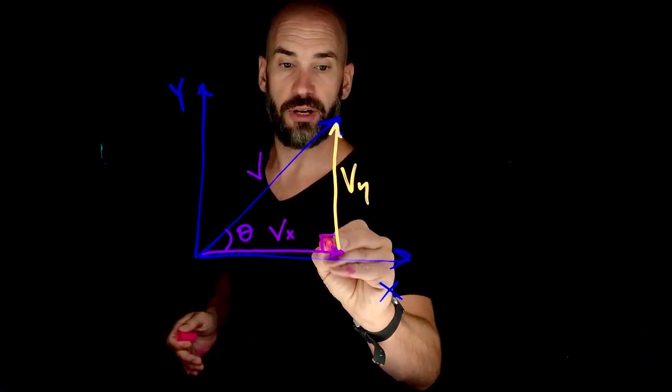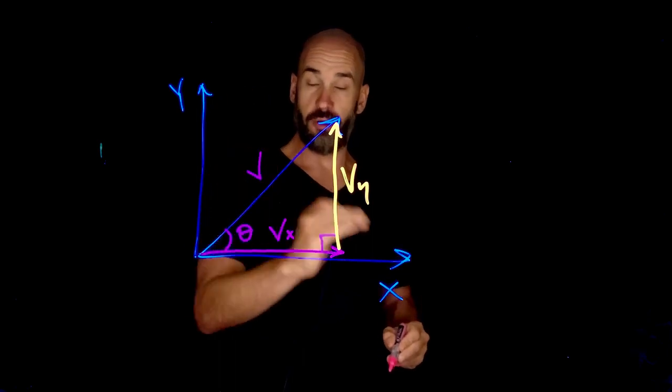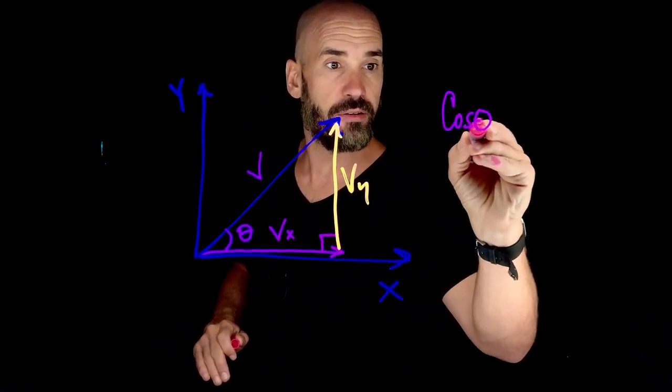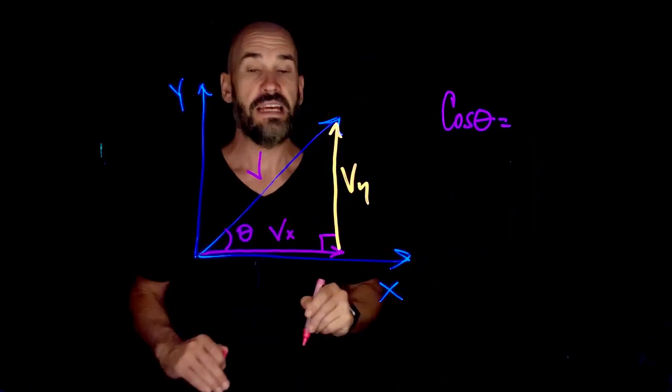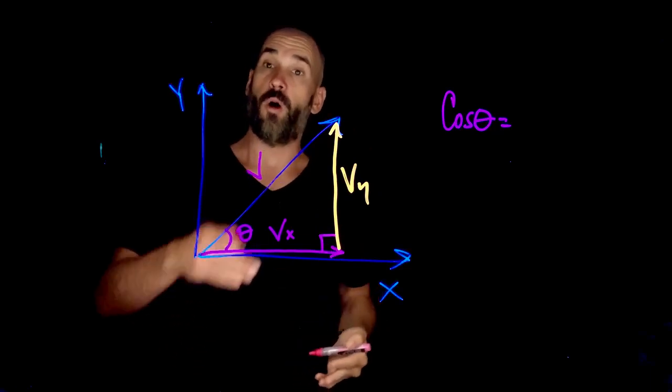And this is a right triangle, right? So one thing we know about the right triangle is SOHCAHTOA. In other words, we know that the cosine of any angle, such as this angle, is simply equal to adjacent over hypotenuse.